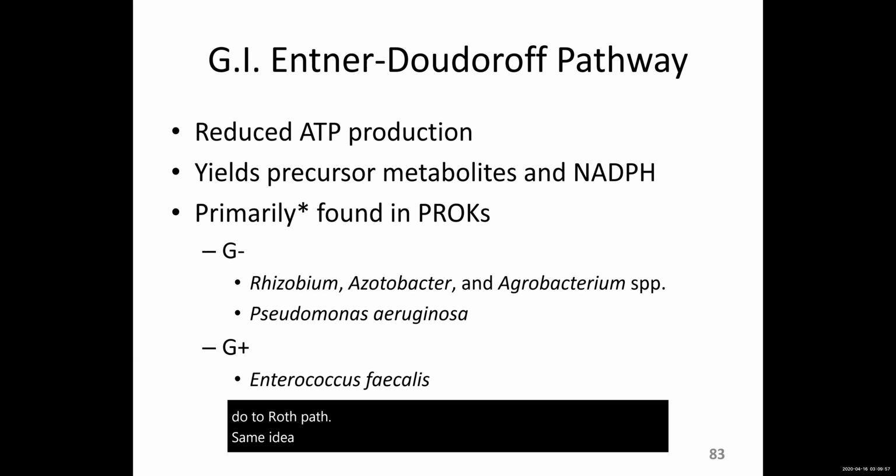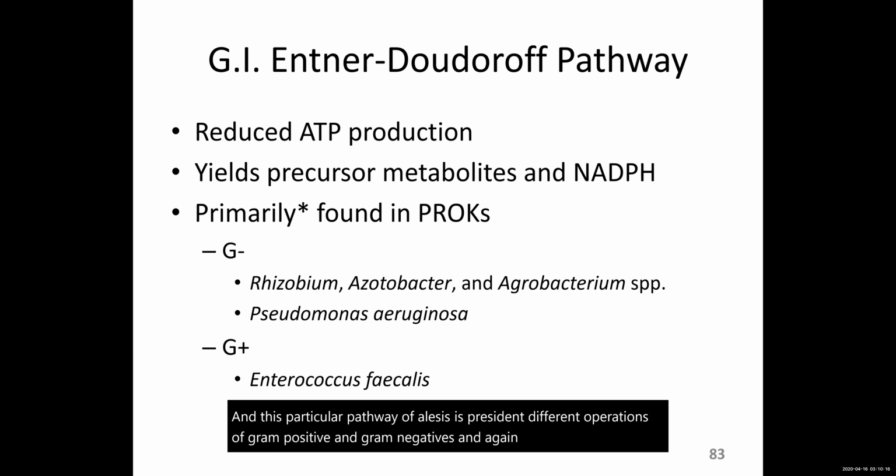It produces a little bit less energy, but it also produces a different energy carrier called NADPH. That P is for an extra phosphate attached. This particular pathway of glycolysis is present in different versions of gram-positives and gram-negatives, and again, produces precursor metabolites and a little bit less energy. So there are variations in the actual production of energy.